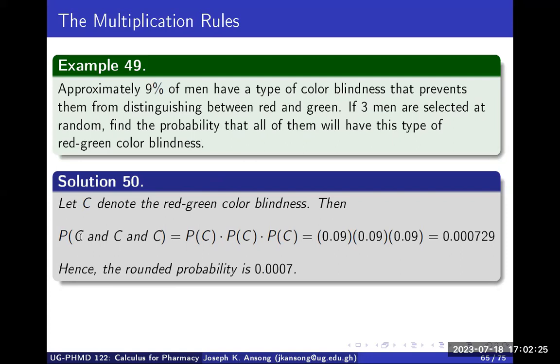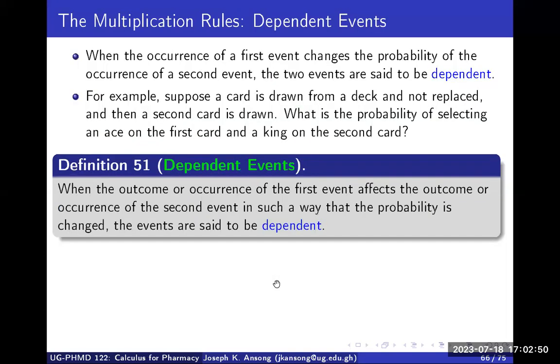Probability of C represents the red-green color blindness, and it will be the product: probability of C for the first, the second man, and the third man. So you just multiply all 3. Then you round this to 4 decimal places. That gives you that. So it's a tiny probability. Okay, good.